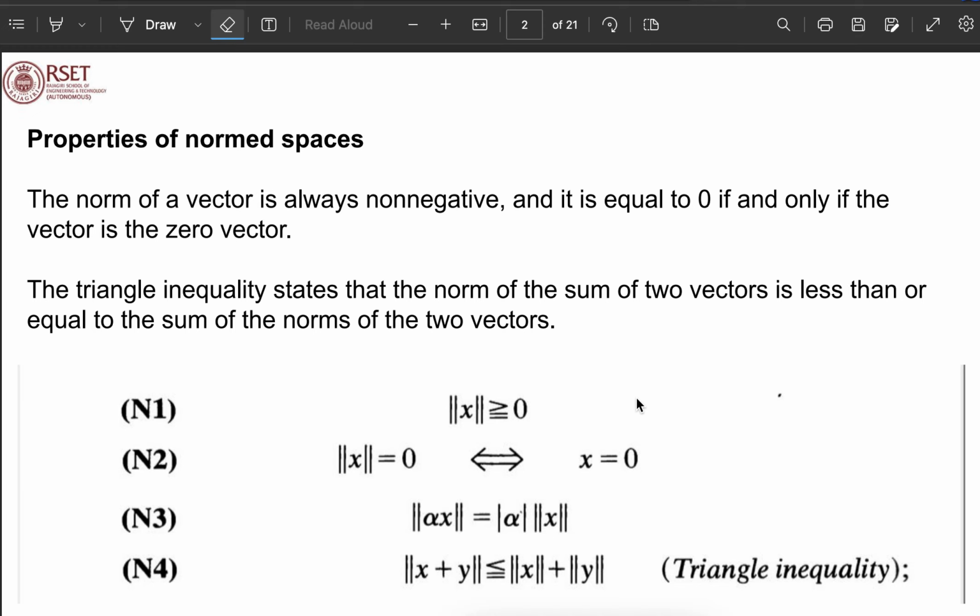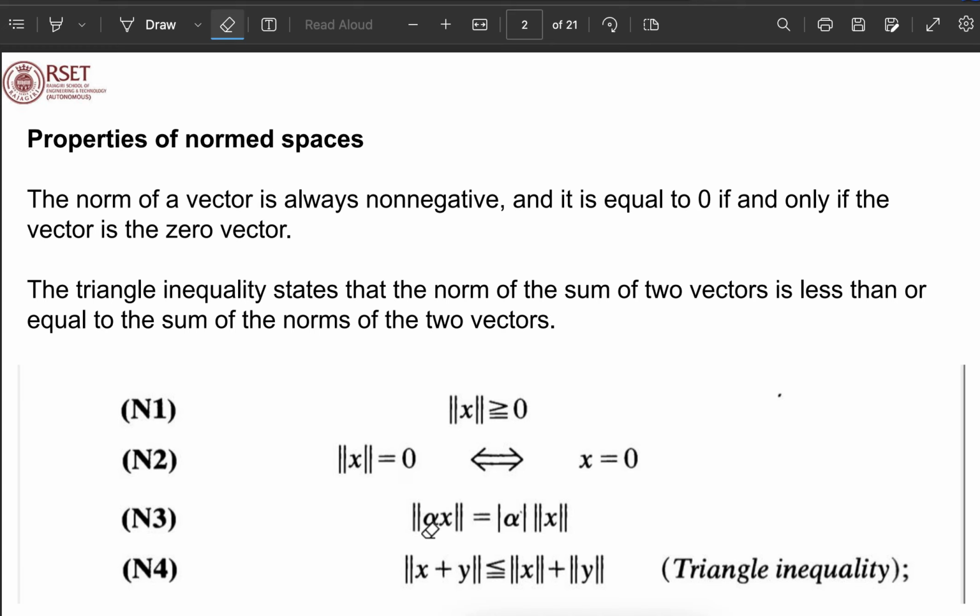These are the properties of a normed space. First property says that the norm of a vector is always non-negative. Second property says that the norm of a vector is equal to 0 if and only if the vector is the 0 vector.